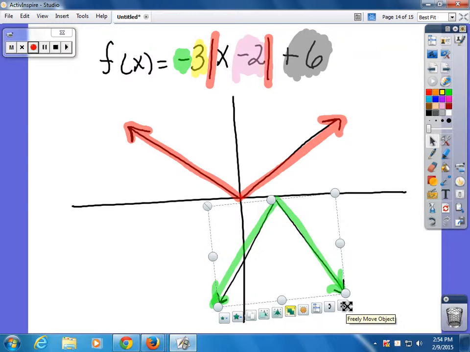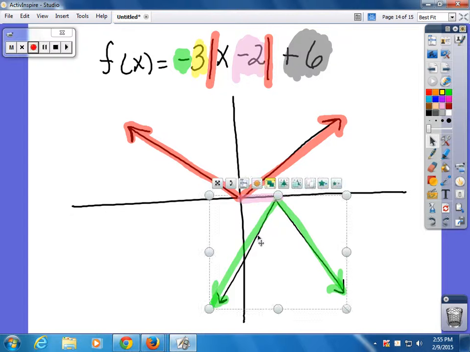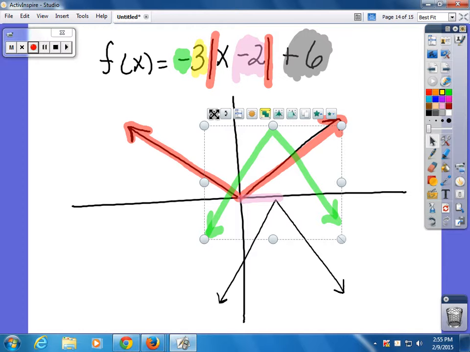And then this, I'll take this plain old mauve color. Oh, that looks like purple. There's the 2 places to the right. And then we're going to move down or up. How many places? 6. So 1, 2, 3, 4, 5, 6.